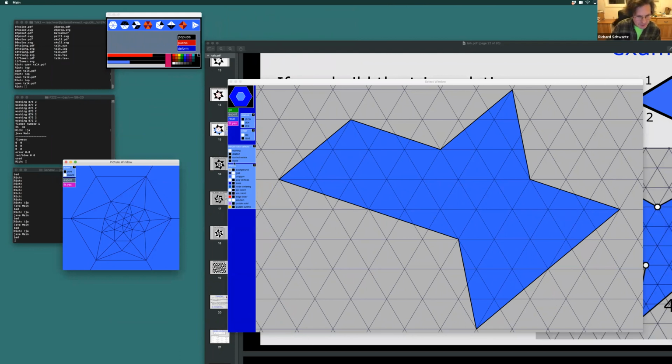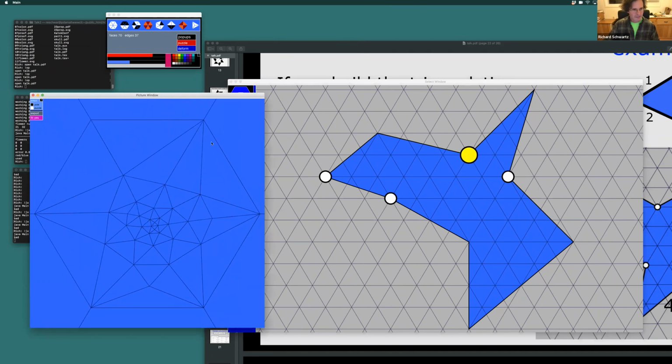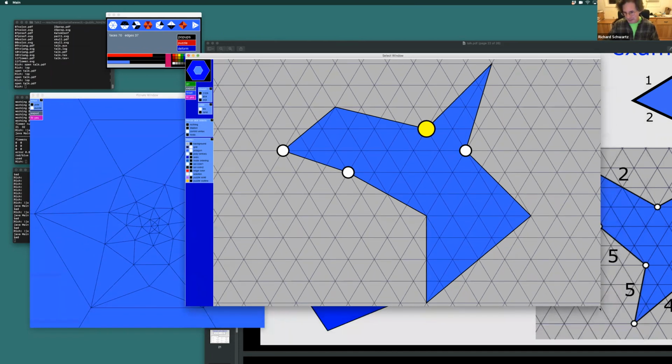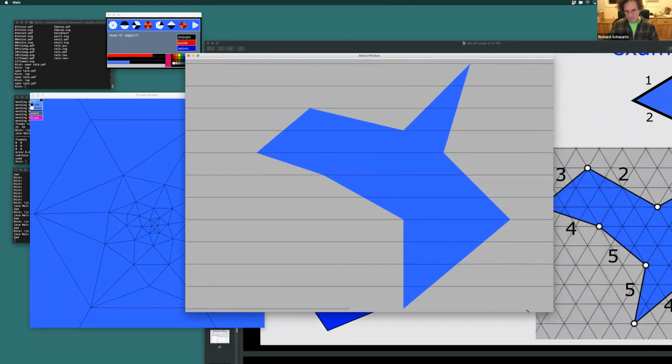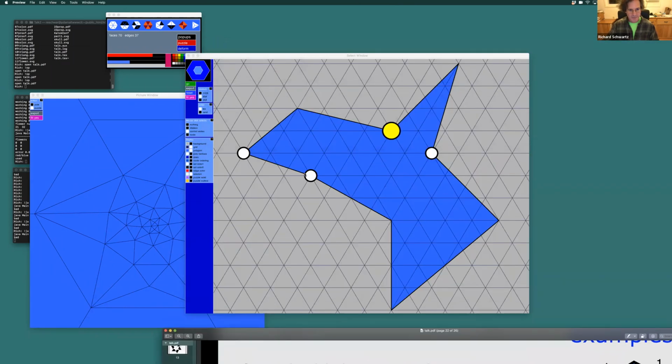Let me just, so I can move these 4 vertices.